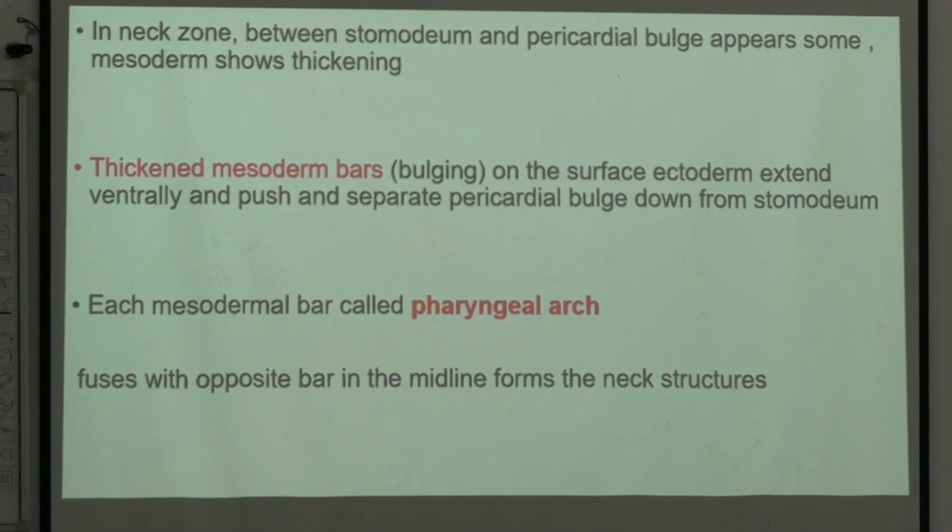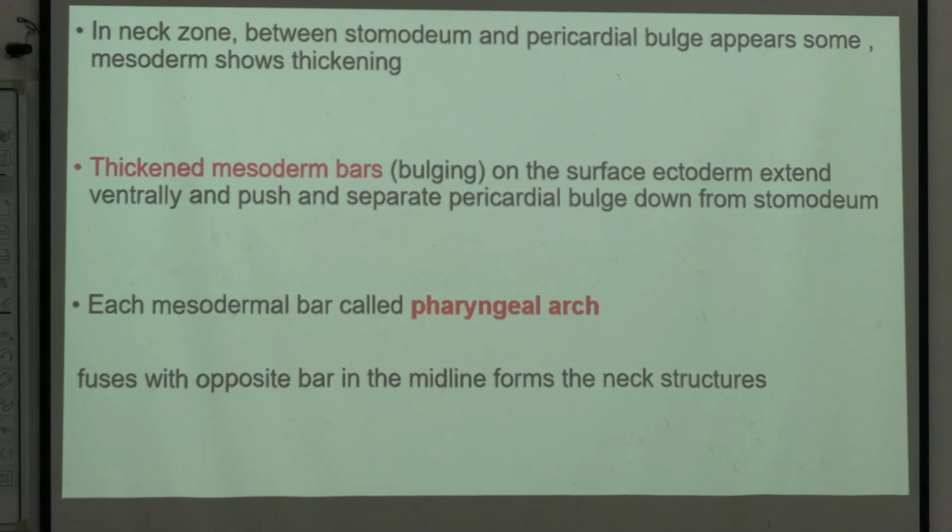So 1, 2, 3, 4, if you count them, there will be 6 of them. Of these 6, number 5 is rudimentary, small, and disappears. Eventually one regresses, one falls out. So what remains is 5 bulges, known as pharyngeal bulges, also known as pharyngeal arches.